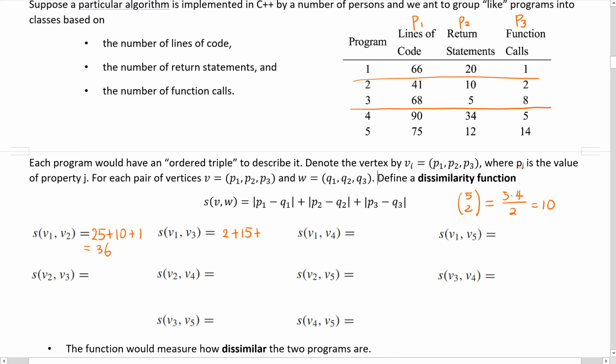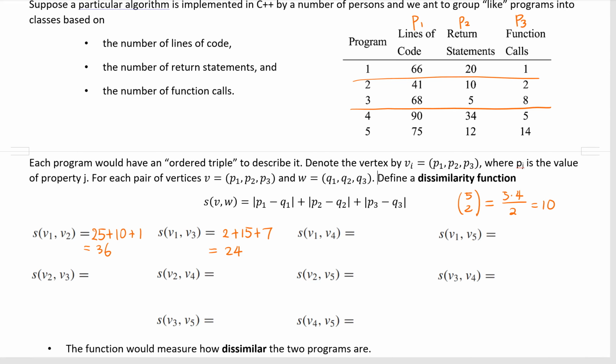Then we have 8 and 1, the difference is 7. So what is our answer? 17 plus 7 is 24. You can see that this similarity is 24, which is less than the 36 we calculated between V1 and V2.